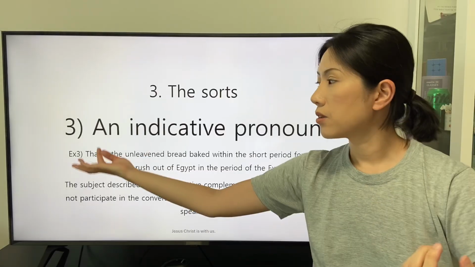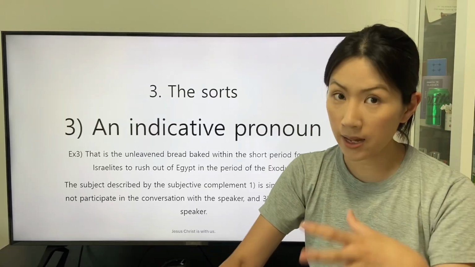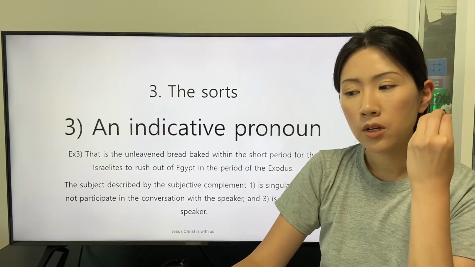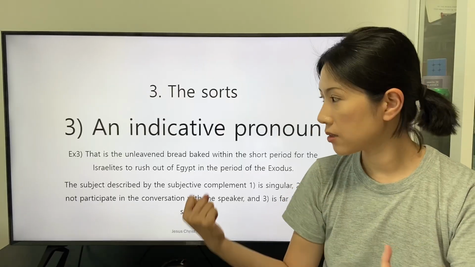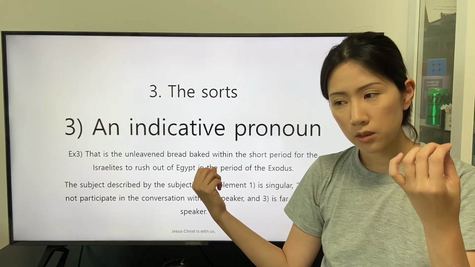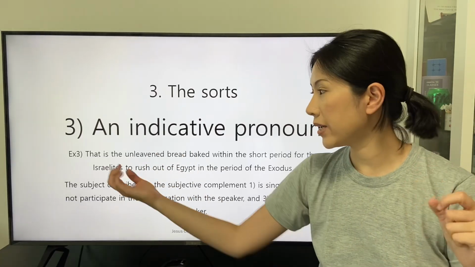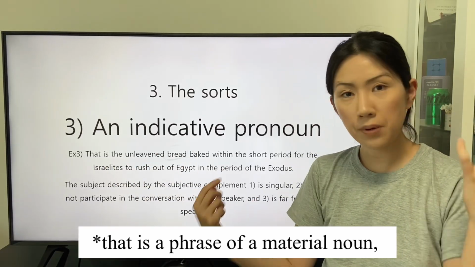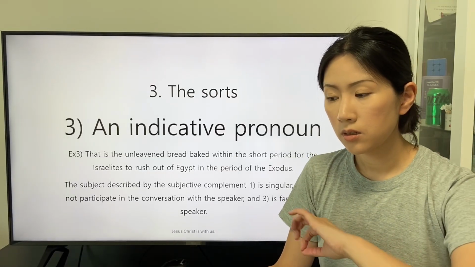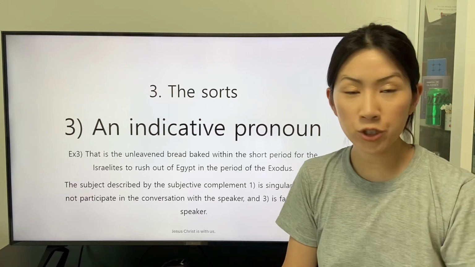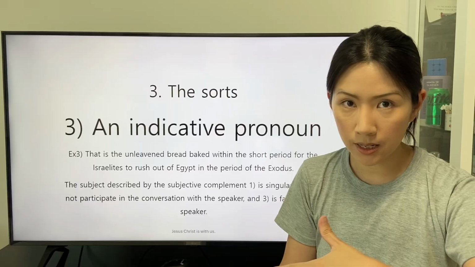The fact that the subject is indicated by the indicative pronoun that reveals that the number of the subject defined by the subjective complement, that is the phrase of a material noun, bread, is measured with the number 1 as an entity.